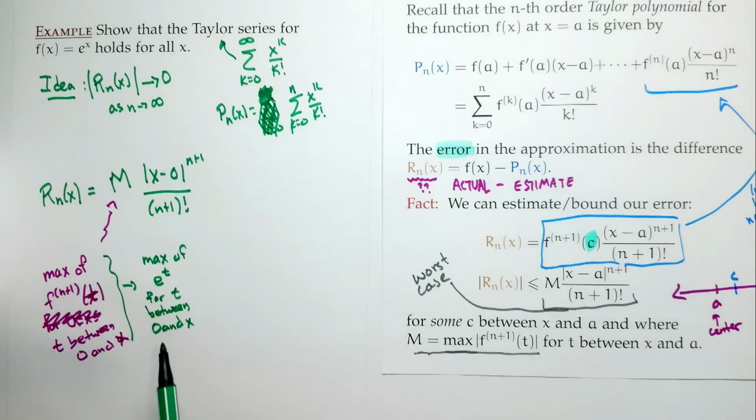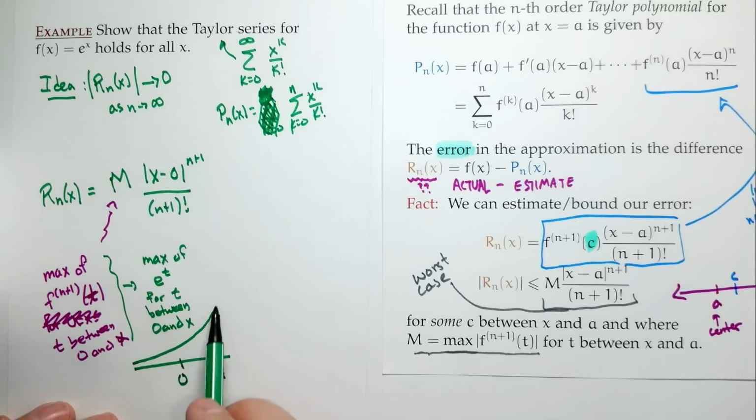So now the question is, when is e to the t as large as possible? Well, you have to be a little bit careful here because there are two possibilities. Here's our center. Suppose x is over here. Then e to the x has this type of behavior. The maximum possible value will be to the far right, at e to the x, because t will be somewhere between 0 and x.